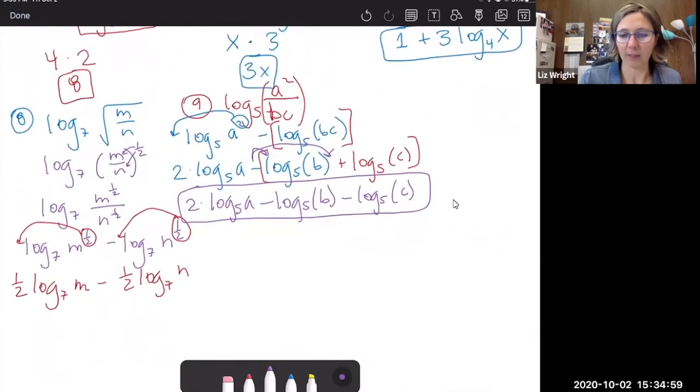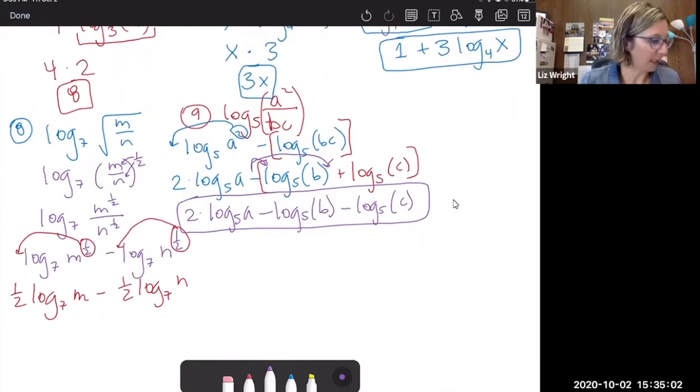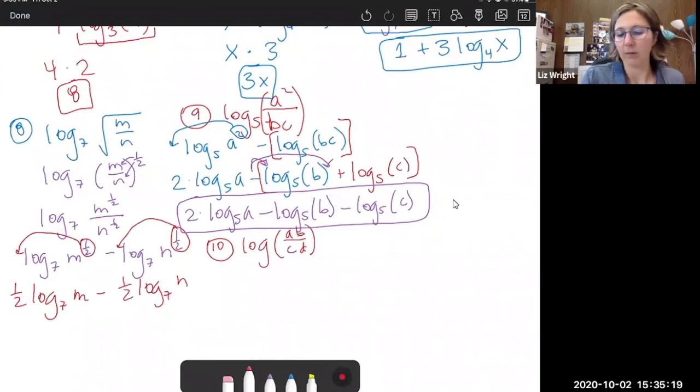I'm doing okay on space. Let's try number 10. I think I can squeeze that in here. So number 10 is going to be log of AB over CD. Ready, set, go. Try it. See what you get.